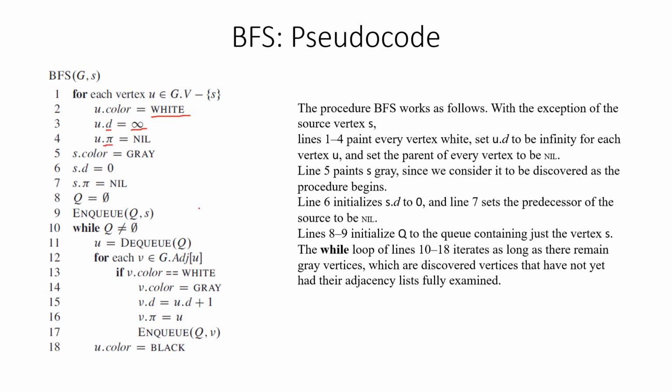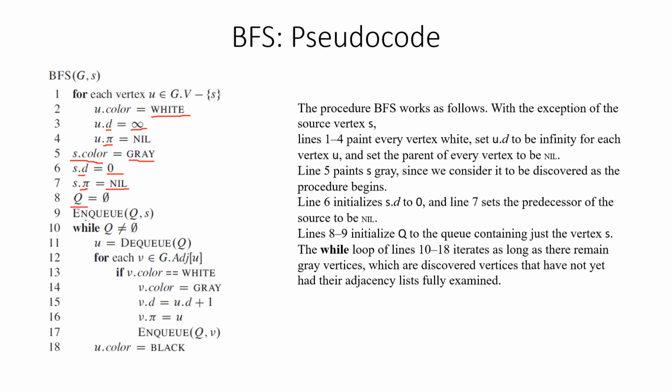Then we start to explore from the starting point S. We color that starting point gray, then we give D the value 0, and the predecessor is nil, because before that we didn't explore any other vertices. We create the queue, right?